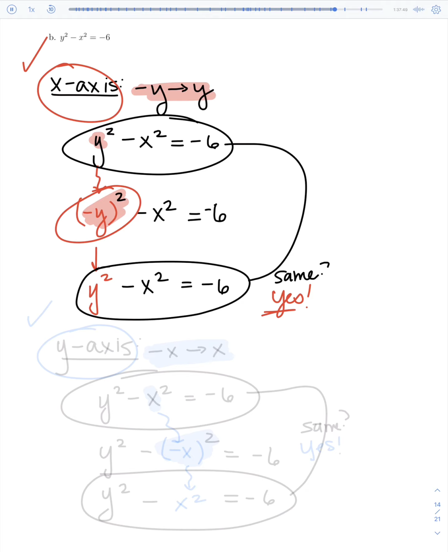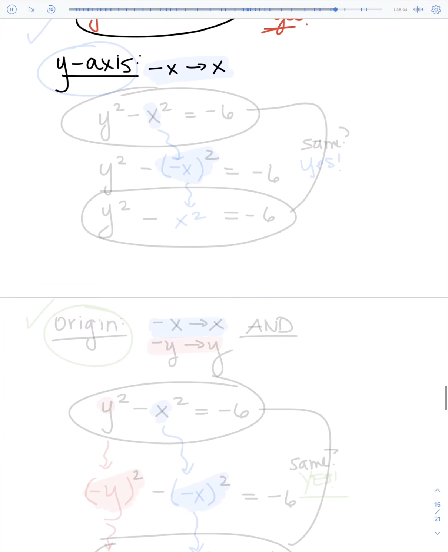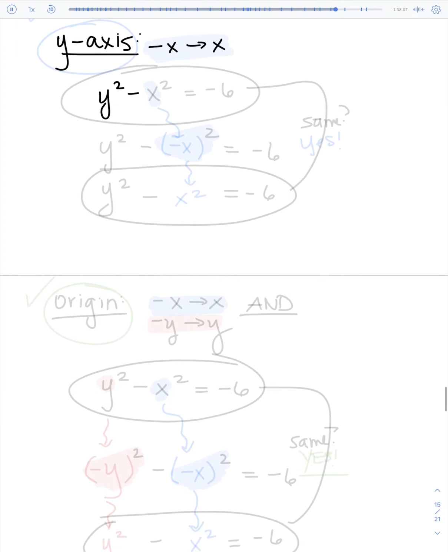Still not done, though. Just because one worked doesn't mean that there aren't more that worked. I need to now move on to the y-axis symmetry. Which means, remember, for y-axis symmetry, we're going to do the reverse. We're going to plug in a -x for all my x's. So our original equation was y squared minus x squared equals -6.